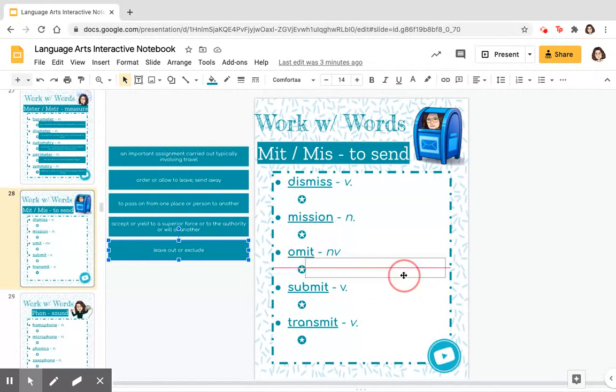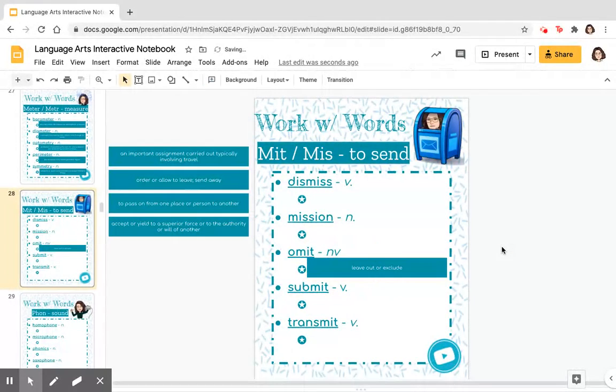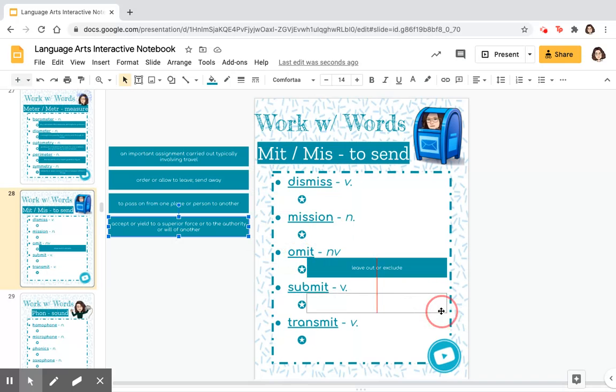I omitted the part of the story where I talked about failing math class to my mom. To accept or yield to a superior force or the authority or will of another is to submit.